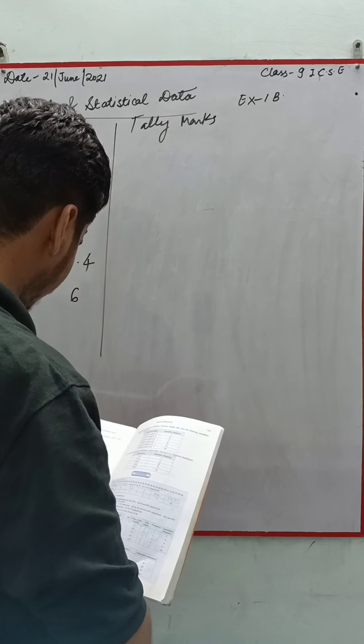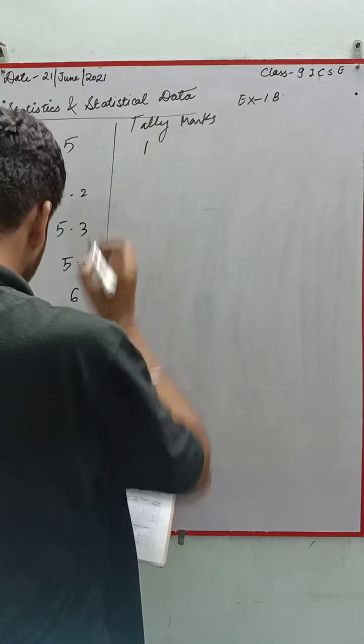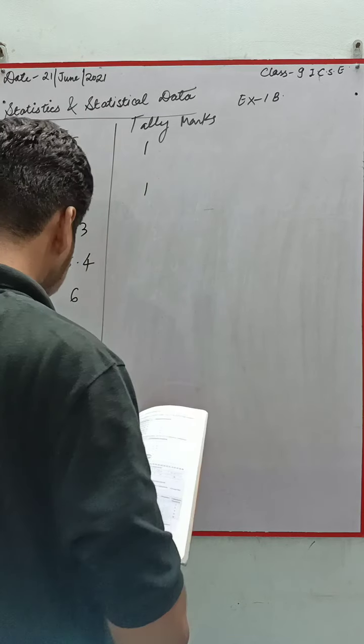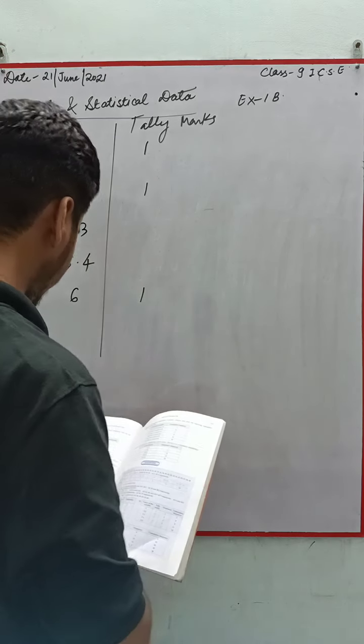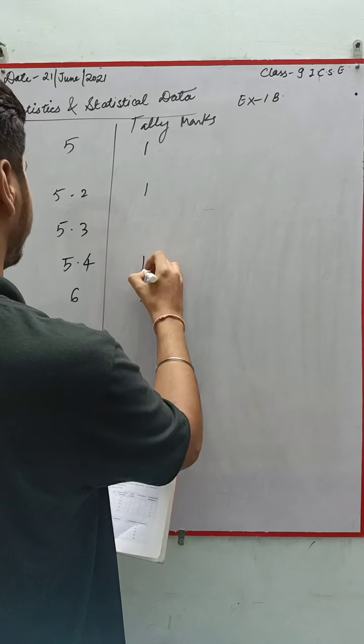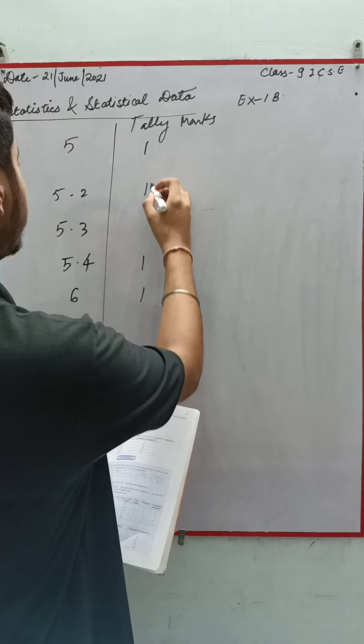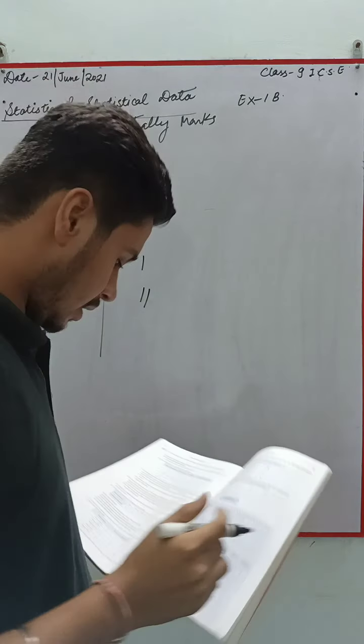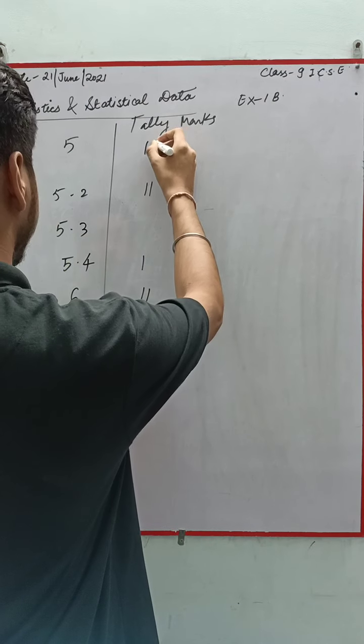So how many times is 5? First 5, then 5.2, then make one stroke after this 5.2, then 6, then make one stroke here, then 5.4, one more stroke, 5.2 again, then 6 again, and so on. I'm just making it.